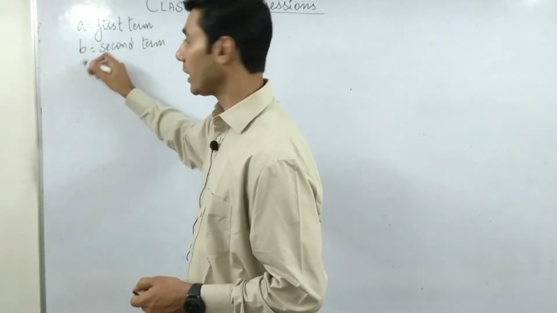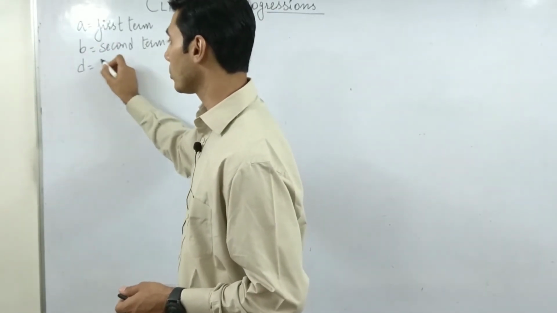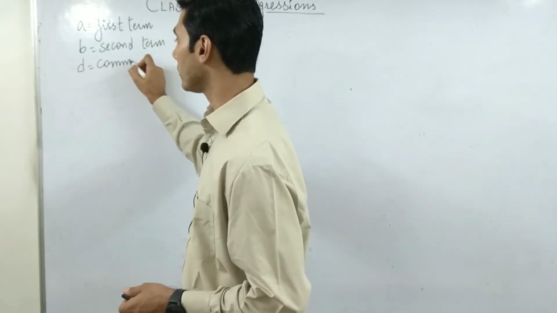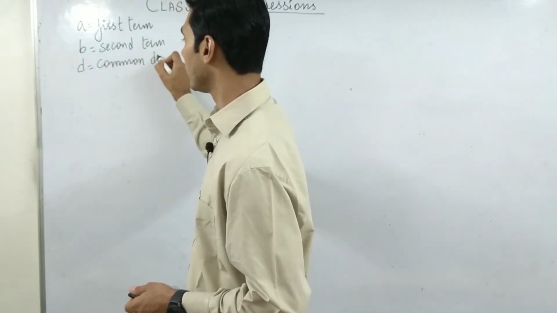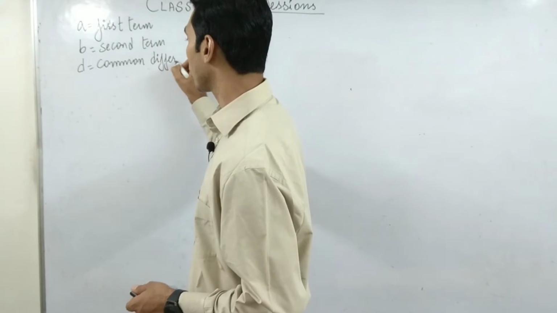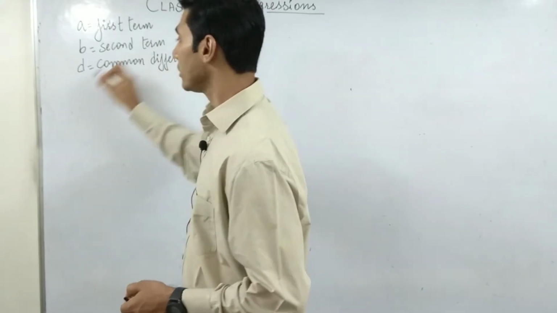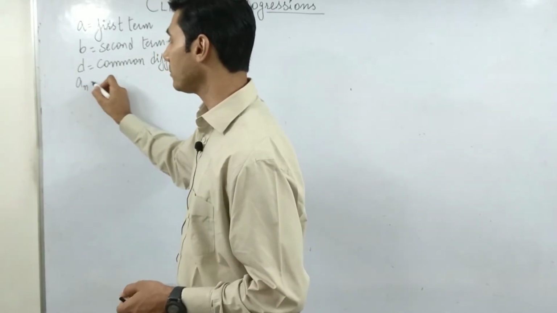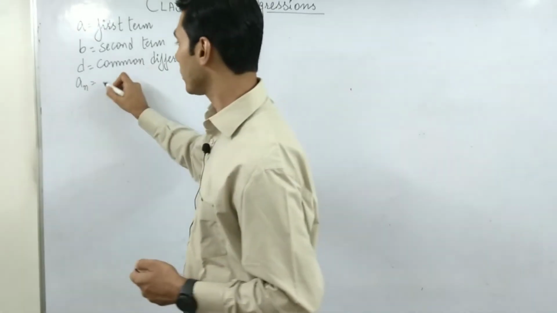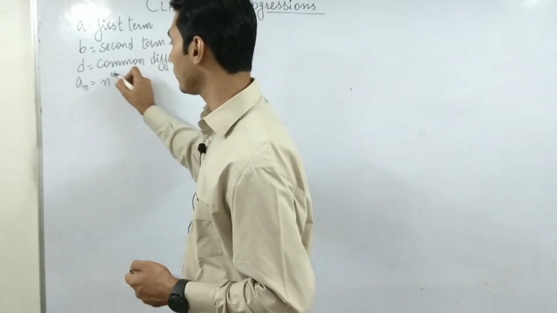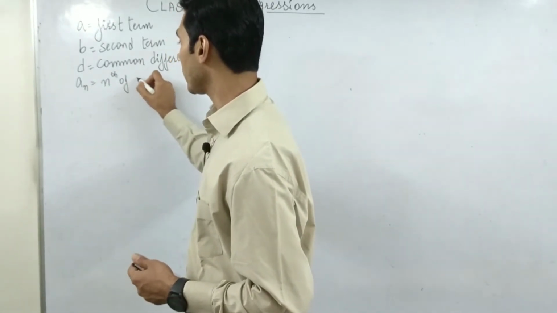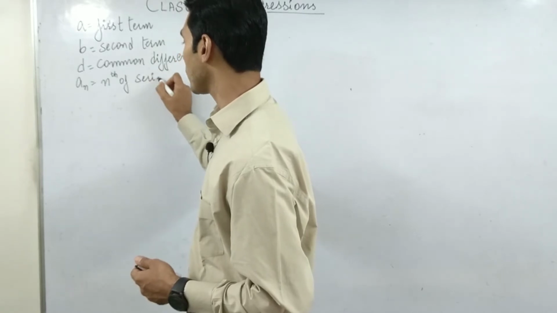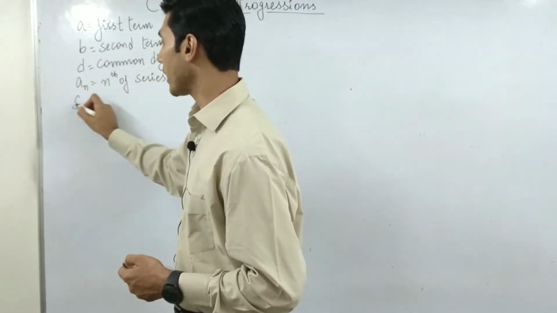So it's A and B. Then comes D, which is known as common difference. Then comes A nth term, that is known as nth term of the series. Then comes Sn.